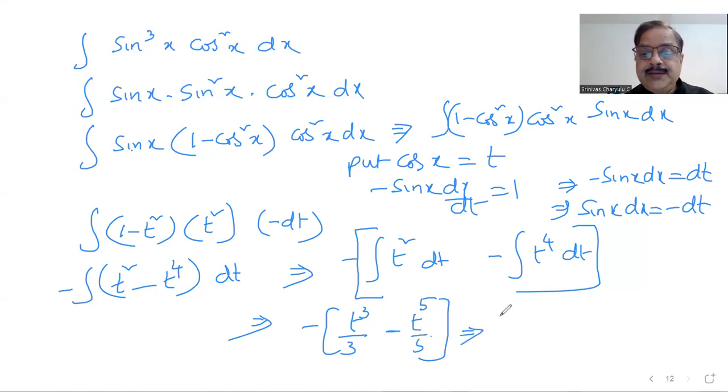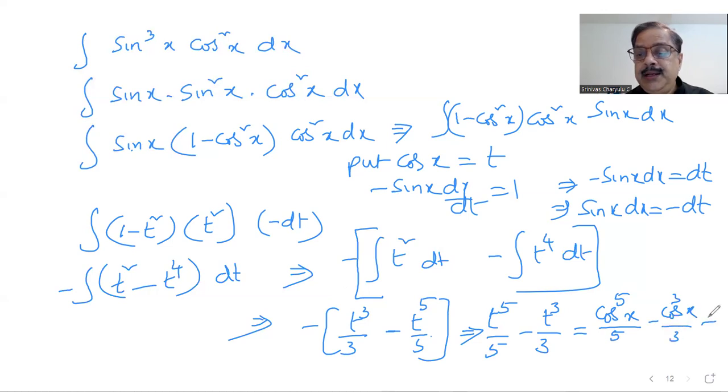So minus, if you send it inside, t to the power of 5 by 5, minus into minus will become plus. That's why I wrote it first. This will become minus, so it goes to this side. This entire thing will now become cos to the power of 5 x by 5, because t means cos x, back you substitute. Minus cos cube x by 3 plus c.